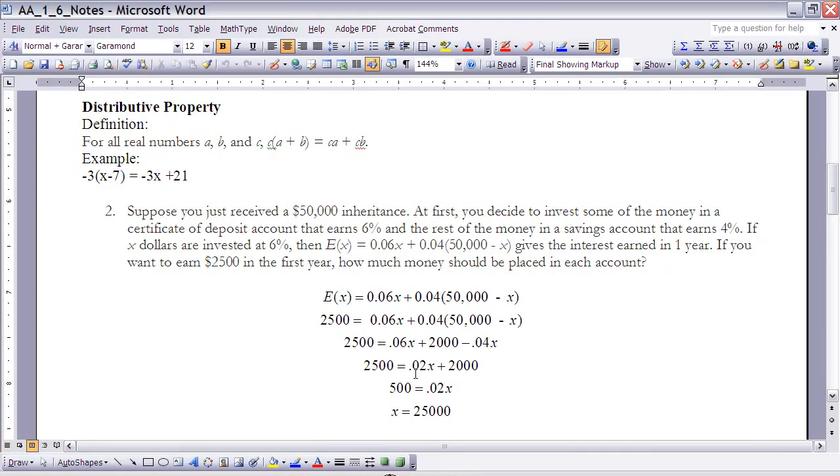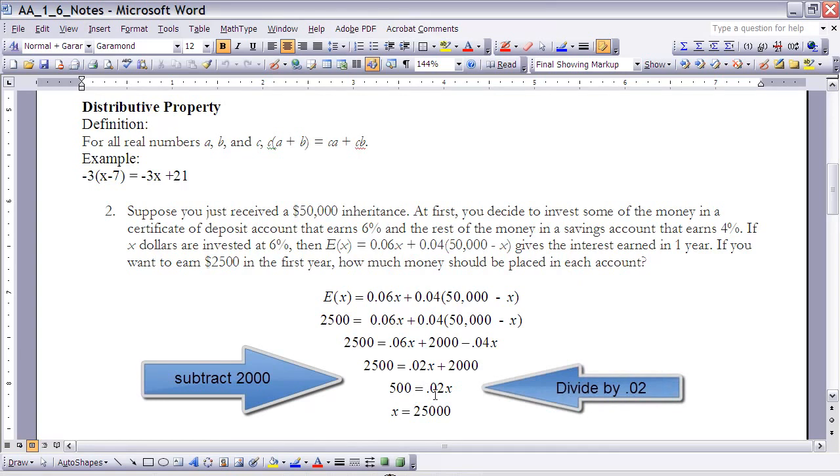Now, thinking about my order of operations, the last thing being done to x is I'm adding 2,000. So the first thing I'm going to undo is subtract 2,000 from both sides. Then I'm dividing both sides by 0.02 to get my value of x, which would be 25,000.